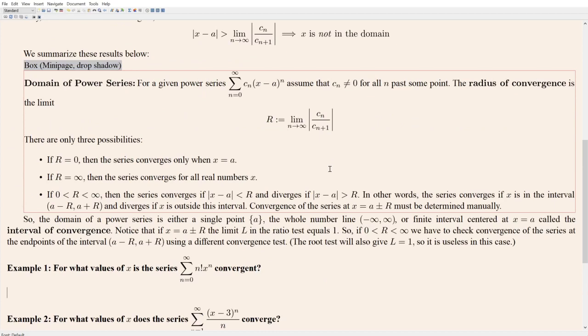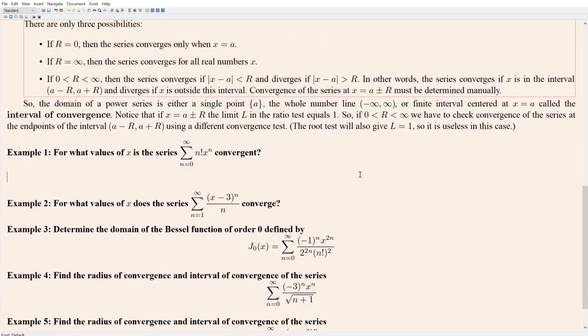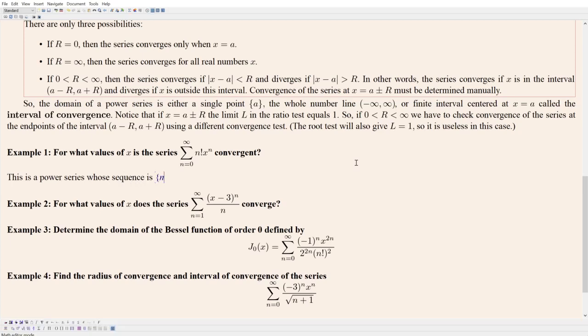Well, we need to know what the sequence is, and we need to know what the center point is. That's, I think, pretty clear to see just from the form. So the sequence is just given by the sequence of factorials.